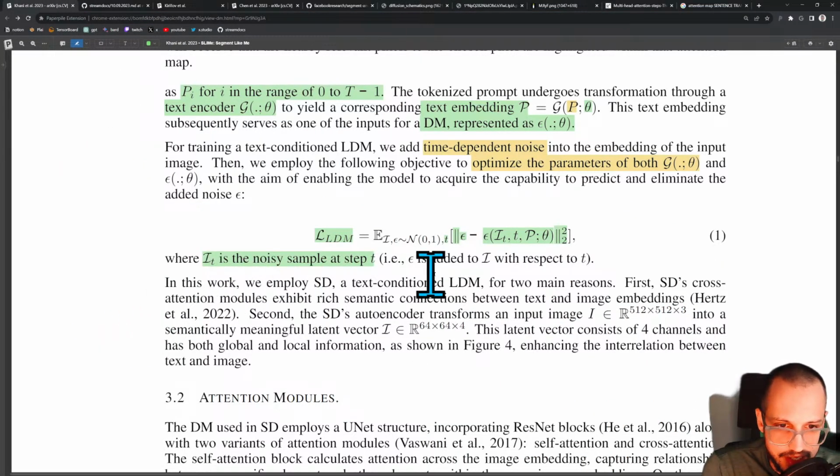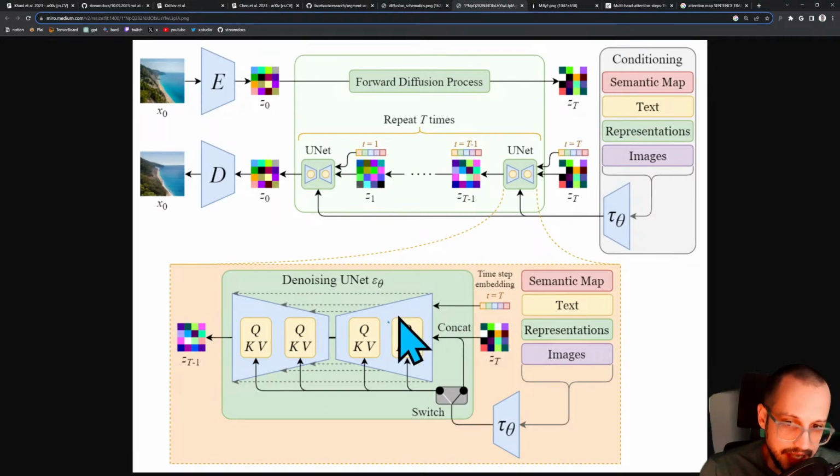Okay, we employ SD for 2 main reasons. SD's cross-attention modules exhibit rich semantic connections between text and image embeddings, right? Because this stable diffusion model has this UNet, you see the conditioning information here, which is going into this text encoder, and then you can see it going in here. Ignore this switch here, but you can see how it goes into the actual UNet.